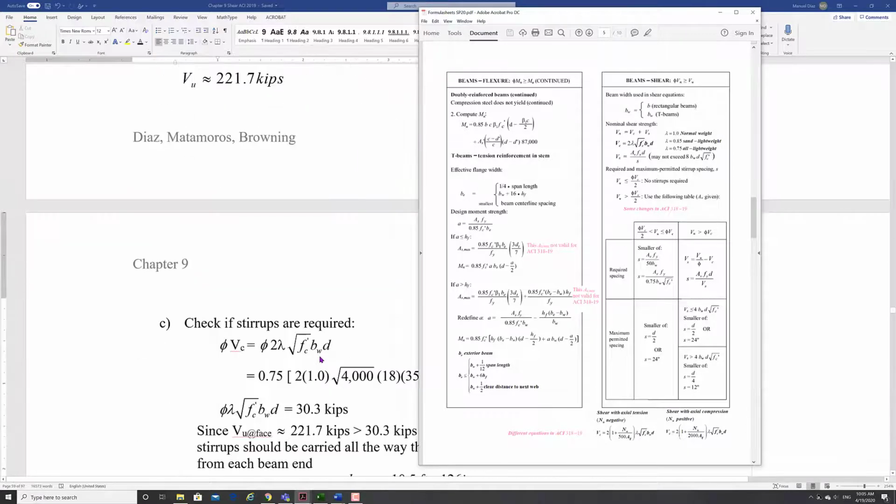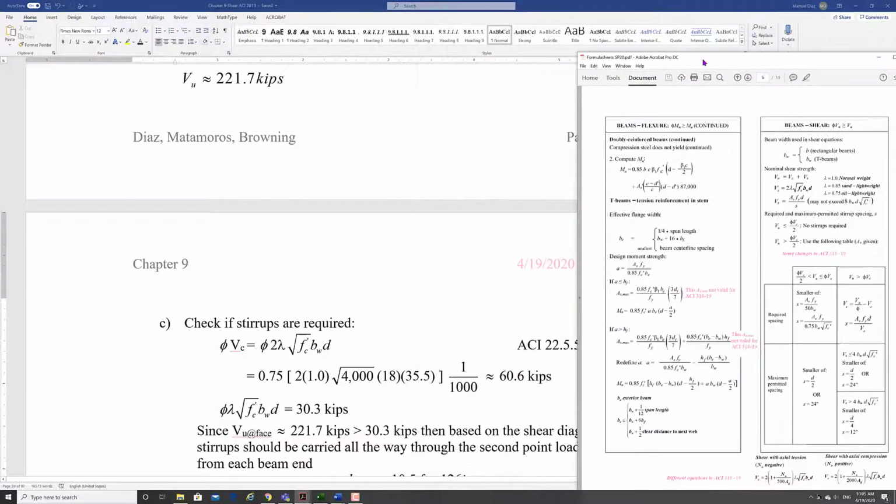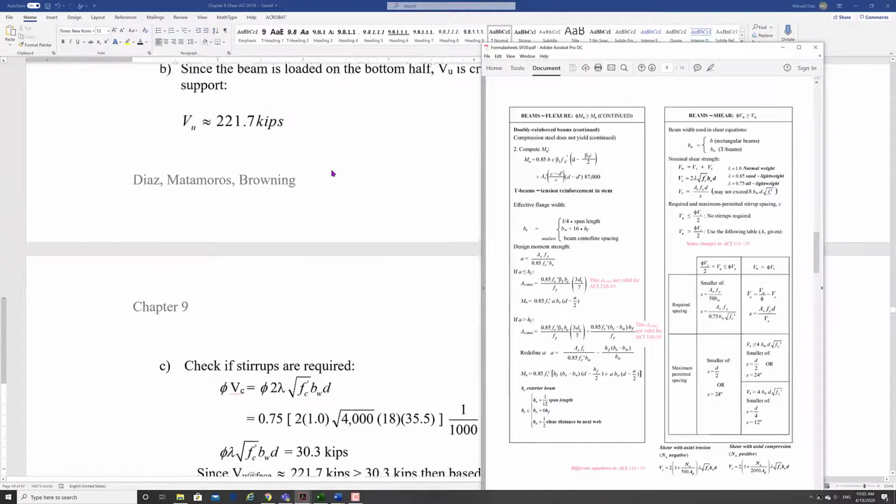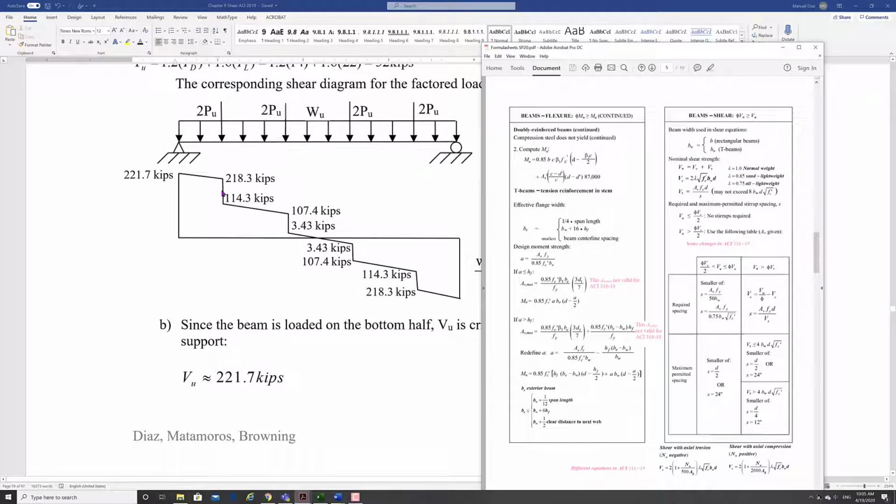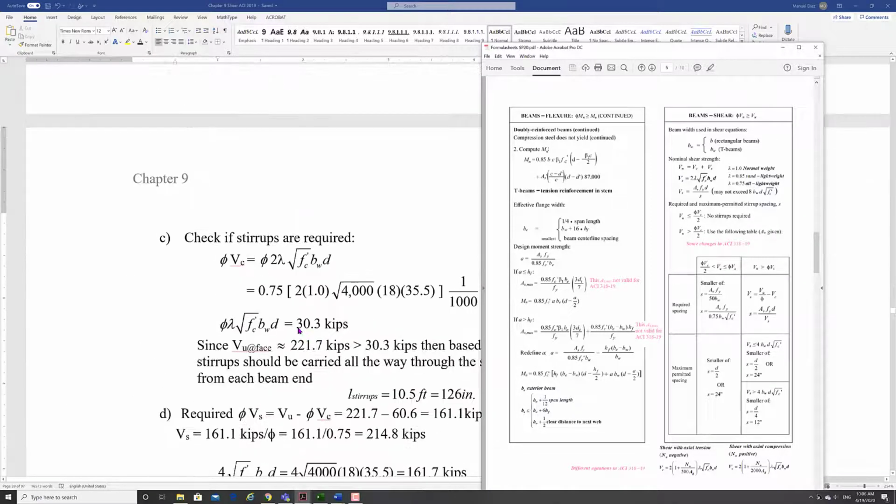We have a value of phi Vc here of 60.6. So going back here, between that and 60.6, that number is going to be someplace here, 60.6. So between here and here, you have to use the spacing controlled by this maximum. That's the maximum. After that point, and the minimum.